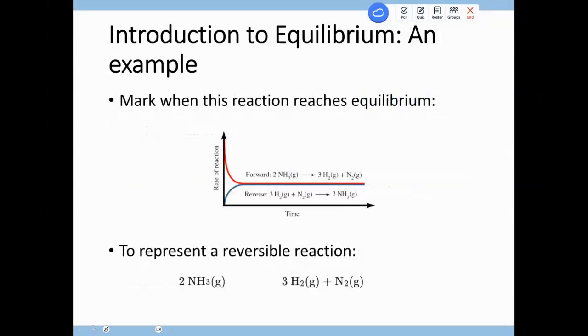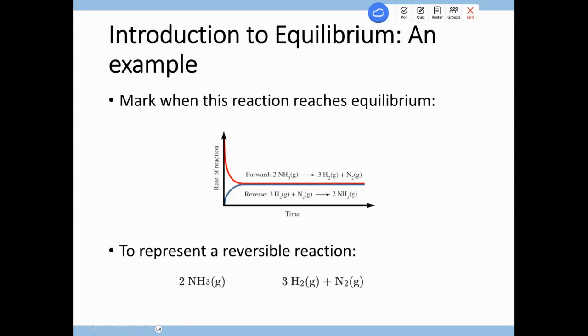We have a graph on this next slide. On this graph, we have time on the x-axis and rate of reaction on the y-axis. The red line represents the forward reaction. We're describing the forward reaction as starting with ammonia and forming H2 and N2. The reverse reaction is these two gases reacting to form NH3.